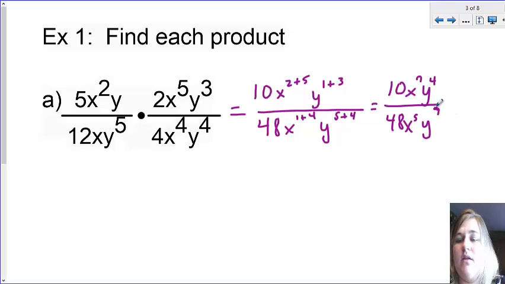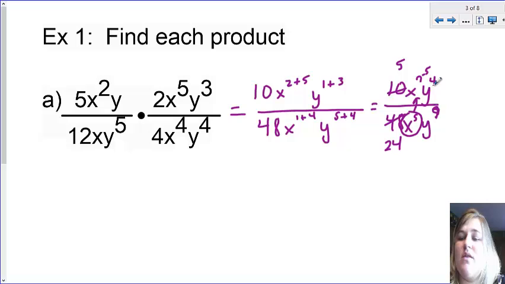Now I'm not completely done here, because I still have some simplifying that I can do. First of all, I have 10 over 48, which will reduce. I can reduce it by 2 on top and bottom. So 2 goes into 10 5 times, 2 goes into 48 24 times. Then I have x to the seventh over x to the fifth. I always want to move the smaller exponent, so I'm going to subtract that 5.